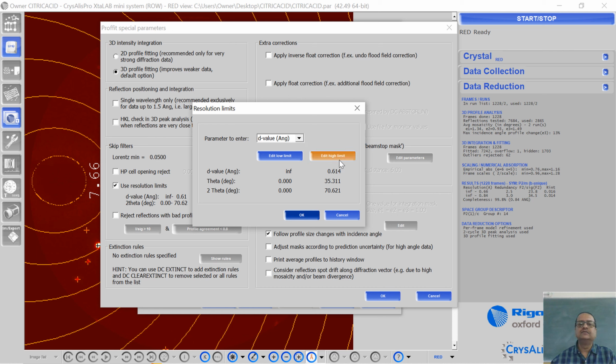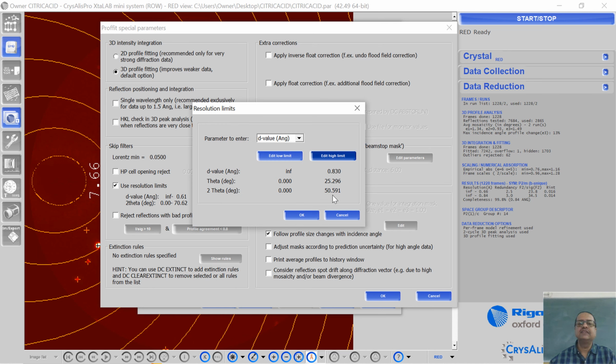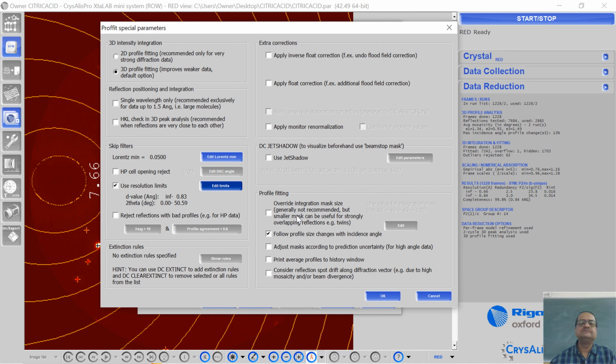In the D value, make the high resolution limit 0.83, which is slightly more than 50° in theta. That is what we need for any data to be publishable and acceptable as per IUCr standards. And then we just click OK.